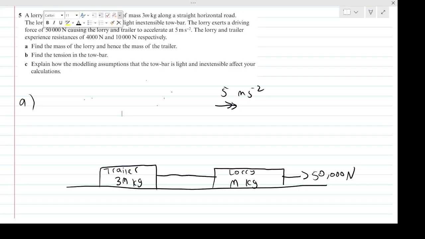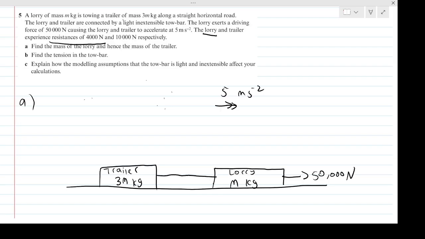Then we're told finally the lorry and the trailer experience resistances of 4,000 and 10,000 newtons respectively. So if it wants to move forward, the resistance is perhaps friction due to the road. It's going to go the other way, so it's going to go to the left. So firstly, the lorry has a resistance of 4,000 newtons.